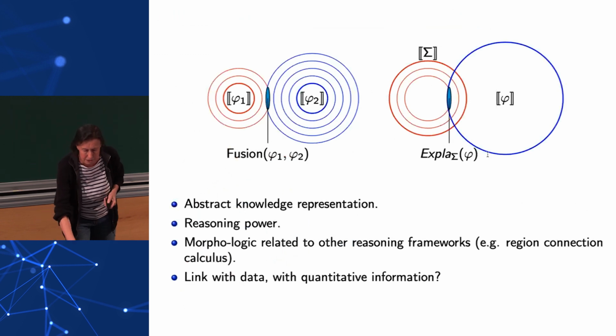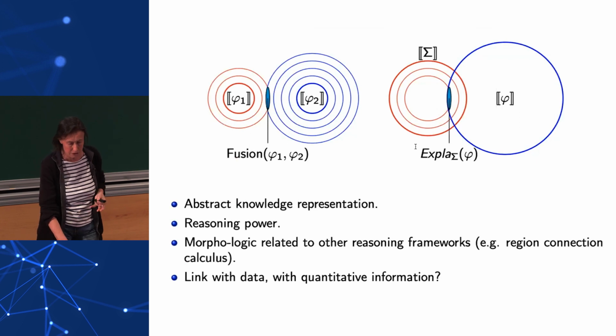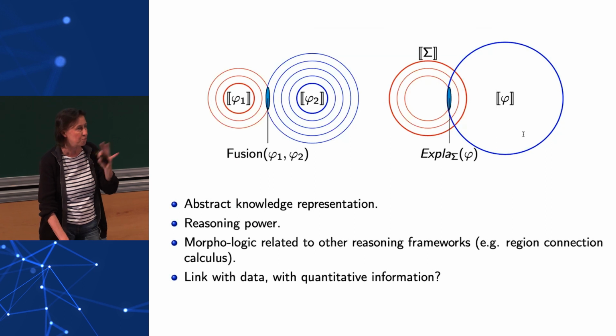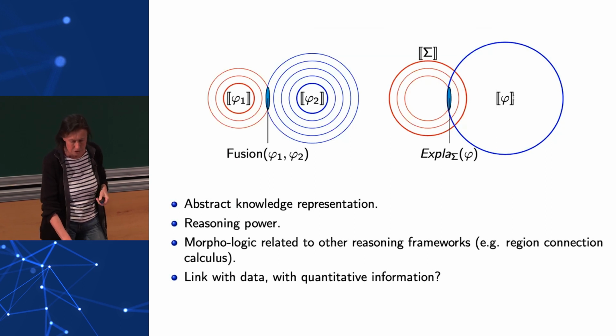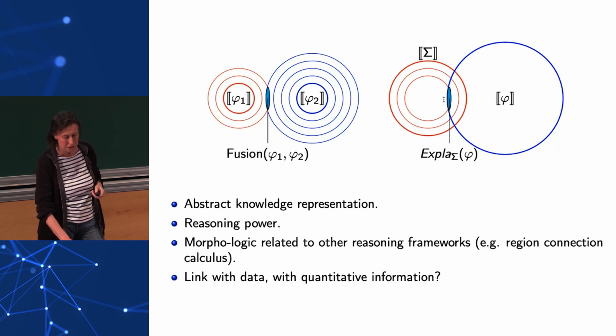That's illustrated here. We have the background knowledge or the theory, and the observation to be explained, represented as a set of models. We perform successive erosions of sigma until we stay consistent with the observation, and the explanation can be found in these regions of this set of models.